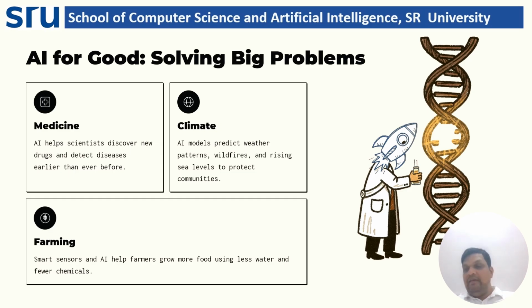So we can say here AI is helping solve big problems: in medicine, early disease detection; in climate, predicting disasters; in farming, improving efficiency. AI has the power to improve life worldwide.